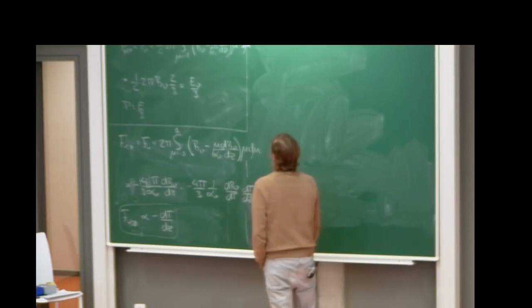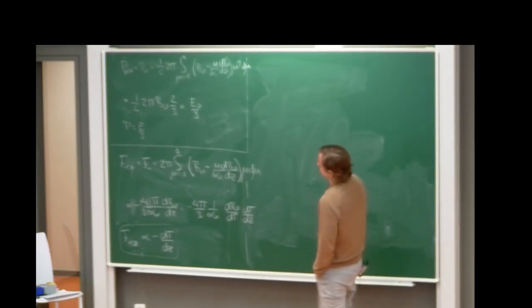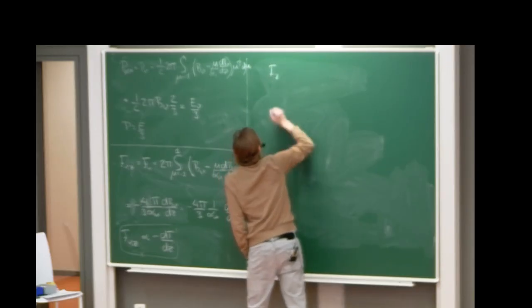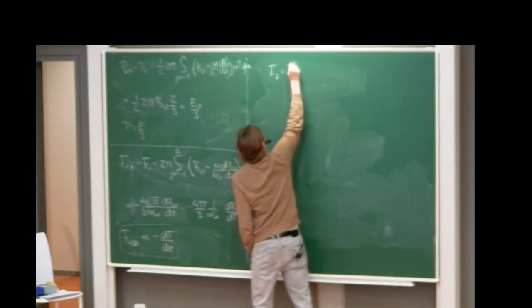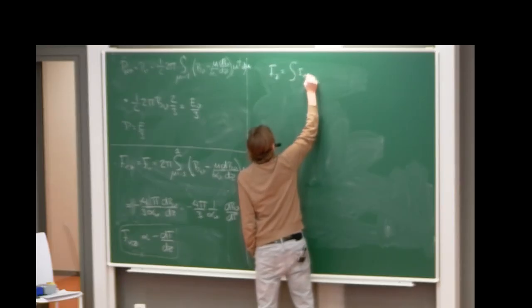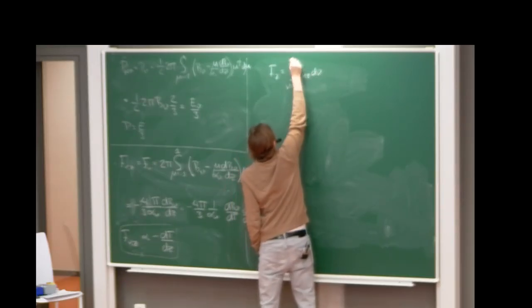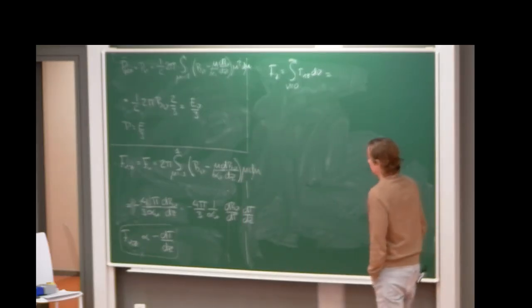All right. So next thing we're going to do is frequency integrate this, but this frequency integral is actually not trivial since it involves the opacity, right? And that opacity in general has a strong frequency dependence in it. So we're going to have to be a little bit careful here.